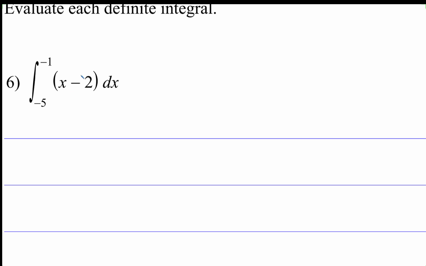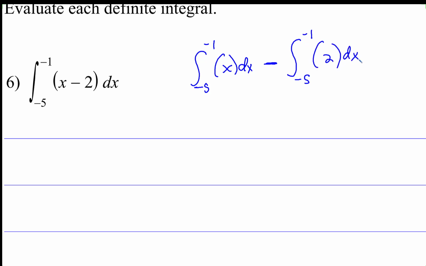We could do the lower and upper bounds: the integral from negative 5 to negative 1 of x dx, and see that subtract sign? Subtract the integral from negative 5 to negative 1 of 2 dx. That's integration laws. Those are two separate pieces, or we can just integrate it as one entire thing.